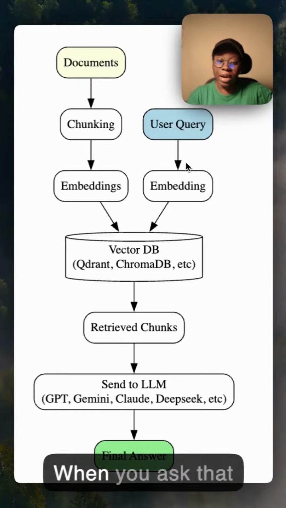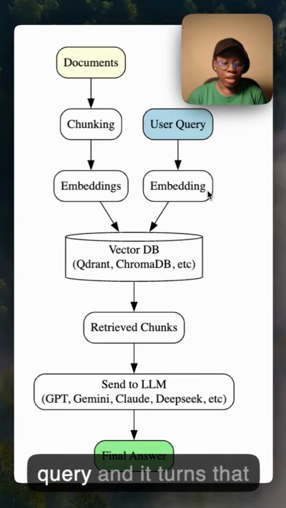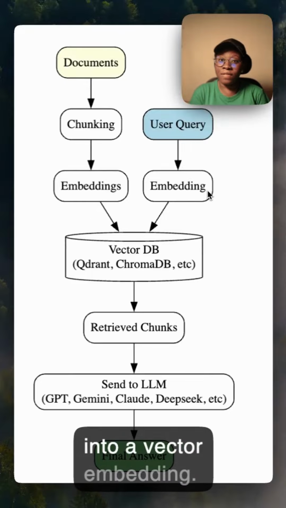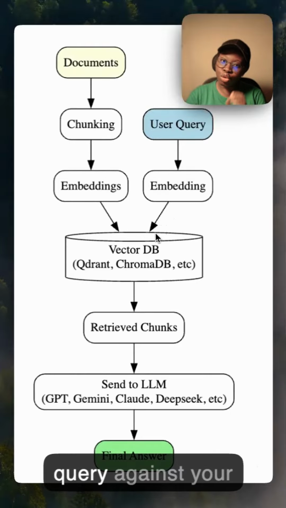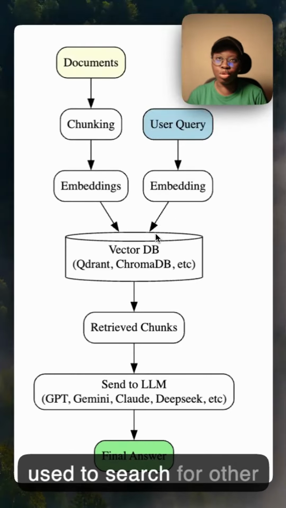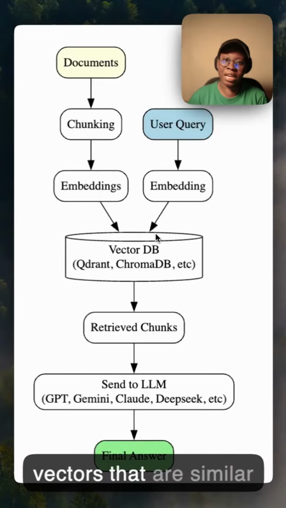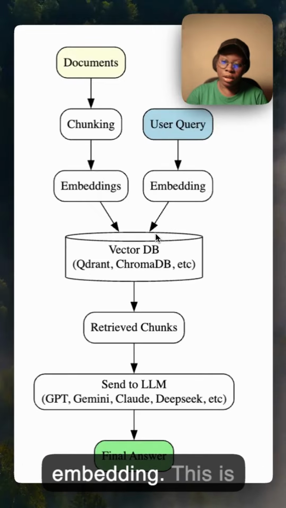When you ask that question, it takes your query and it turns that into a vector embedding, and that vector embedding is used to query against your vector database, and it is used to search for other vectors that are similar to your vector embedding.